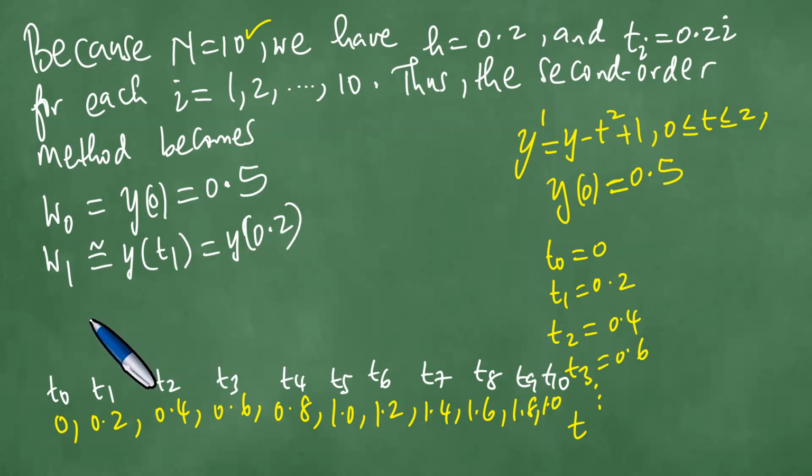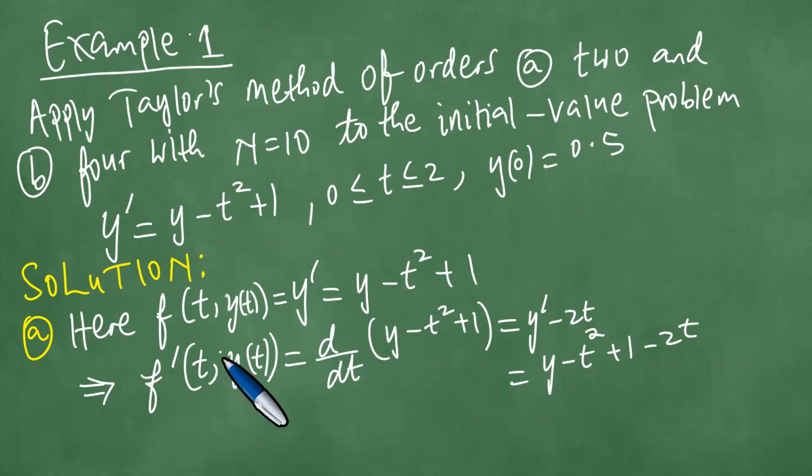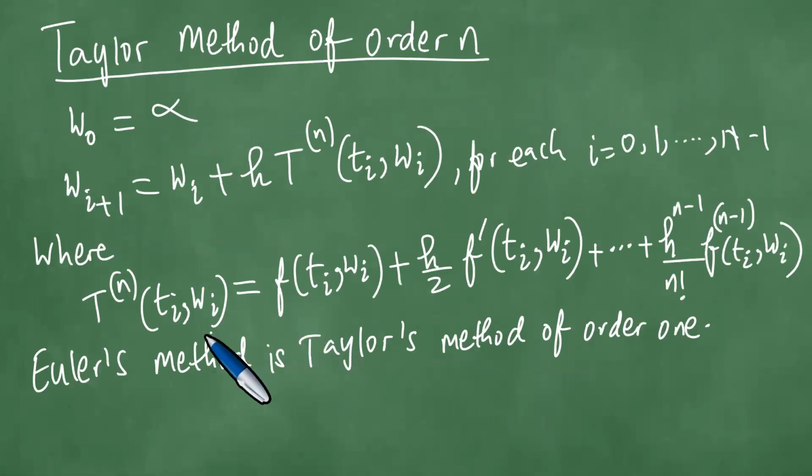But now we know the formula. What is the formula? Okay, we got the T2. So if you got the T2, then you come to the Taylor. We got the T2, then you must put it here.